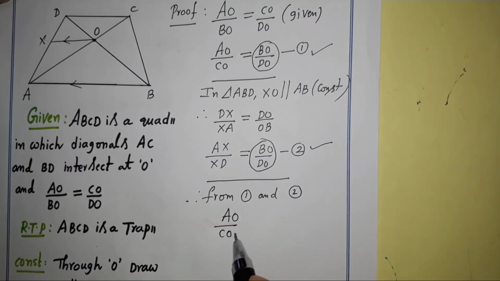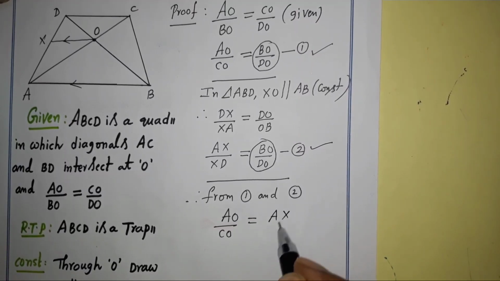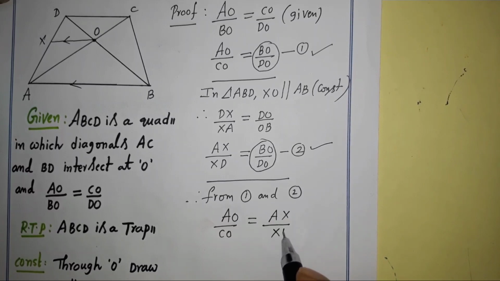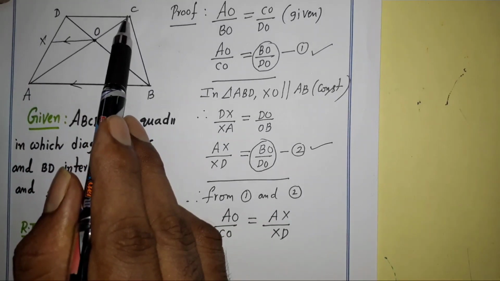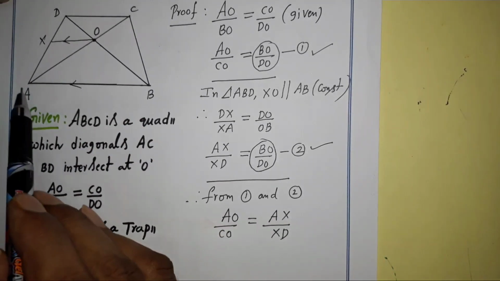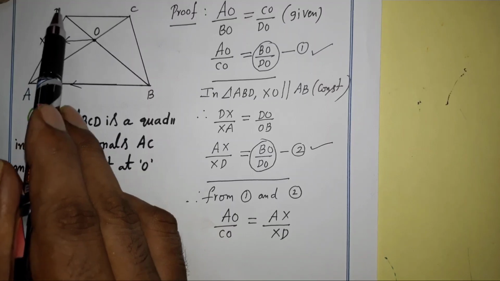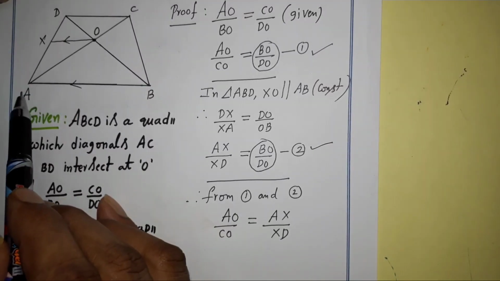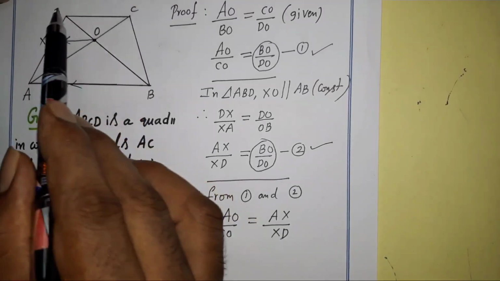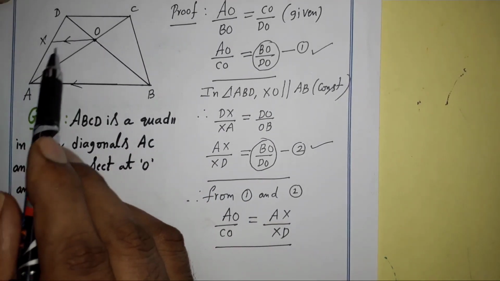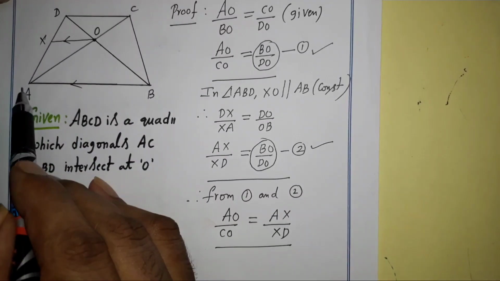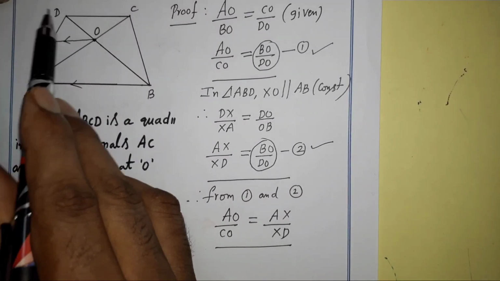AO by CO is equal to AX by XD. You see this one in the figure. AO by CO, that means OC, is equal to AX by XD. That means observe triangle ACD. In triangle ACD, you got this step, AO by OC is equal to AX by XD.